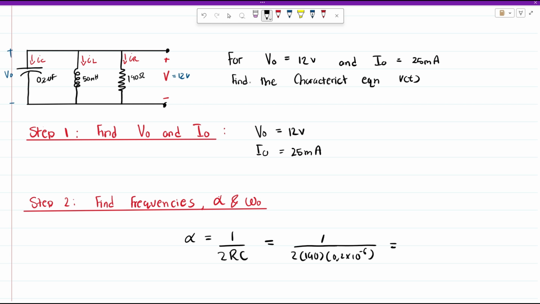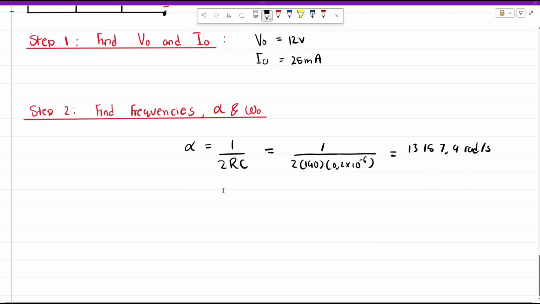Then you will get the Neper frequency of 13,157.9 radians per second.